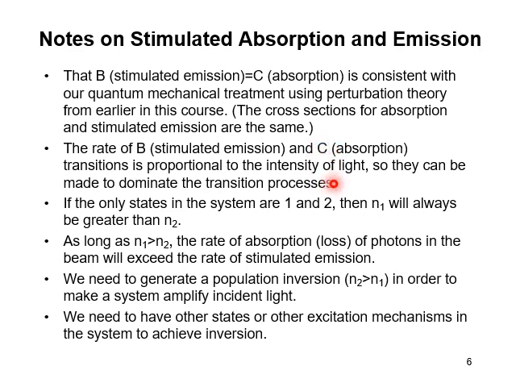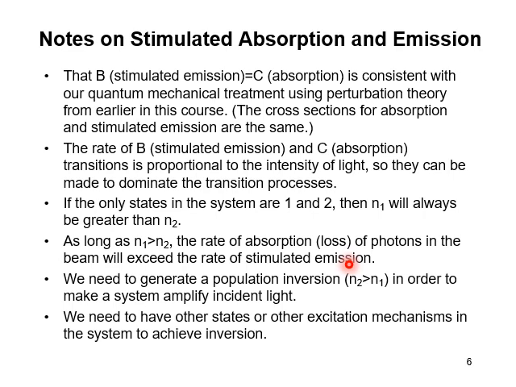But even under those conditions, the best that we can do is to make N2 nearly equal to N1, but always less. And as long as N1 is greater than N2, then when we shine light into the system, the rate of absorption, loss of photons in the system, has to exceed the rate of stimulated emission.